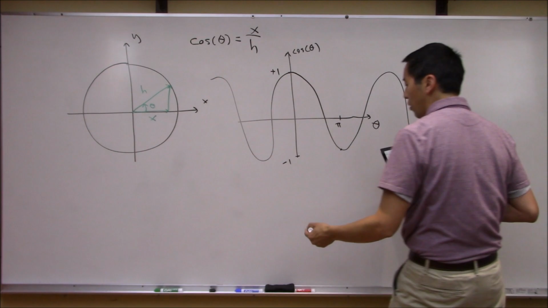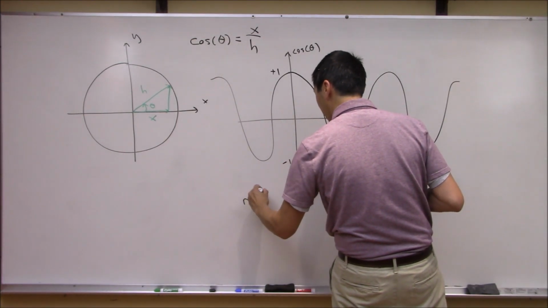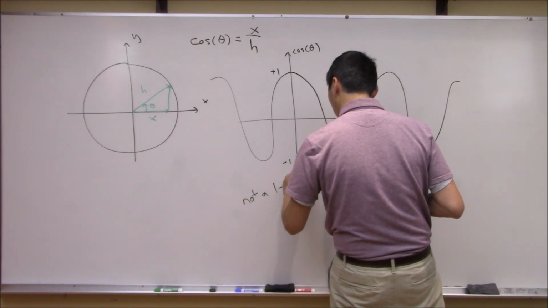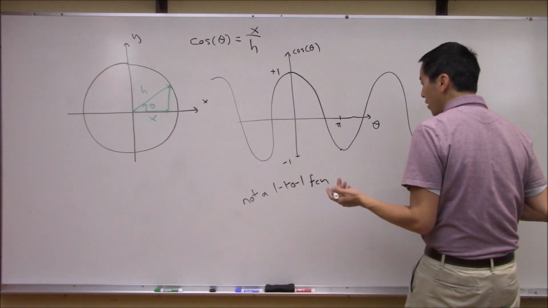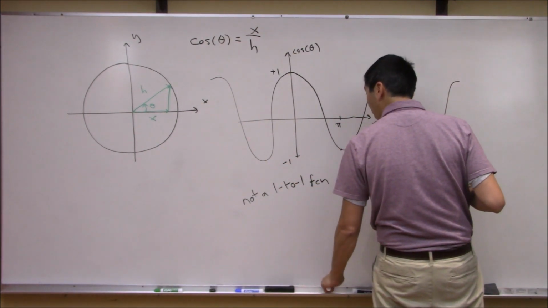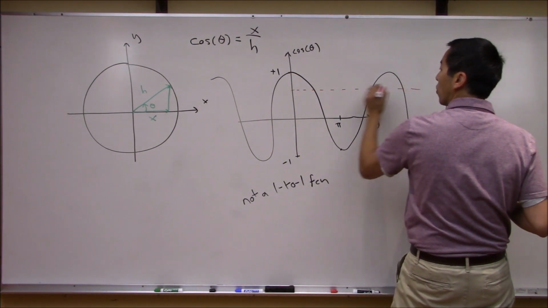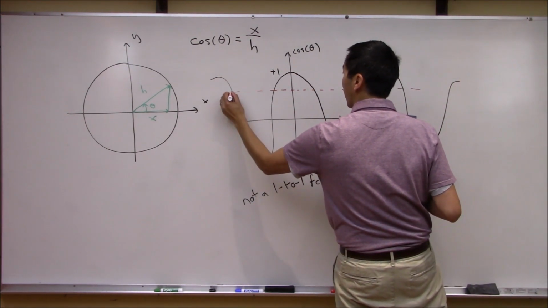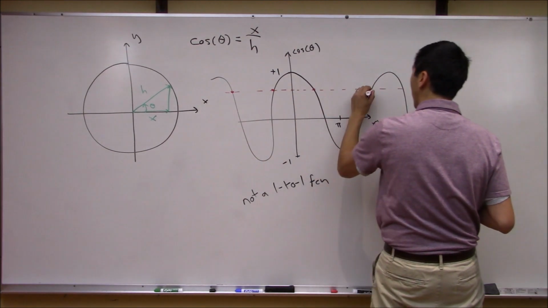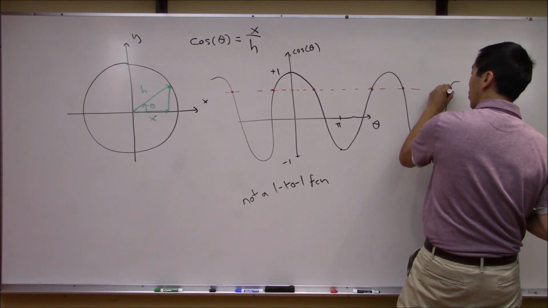Again, we see the same thing: cosine is not a one-to-one function. So for its inverse, if we wanted to pick an inverse value, there are multiple values of theta, in fact an infinite number of values of theta, which correspond to that same value.